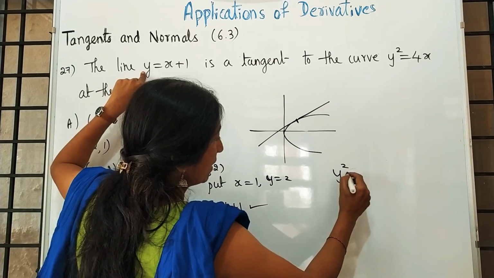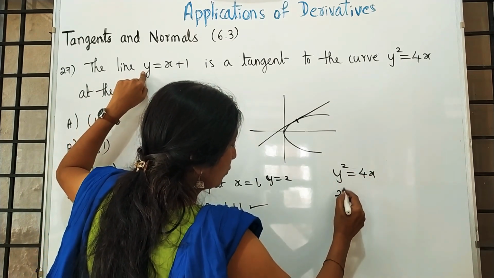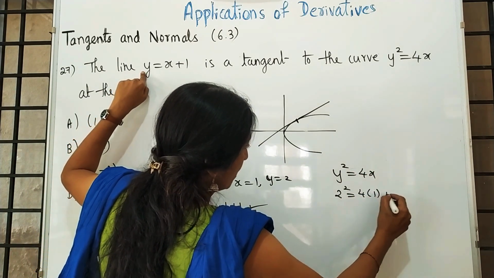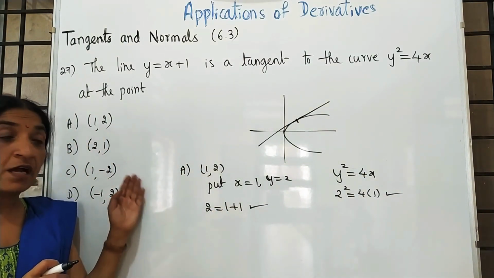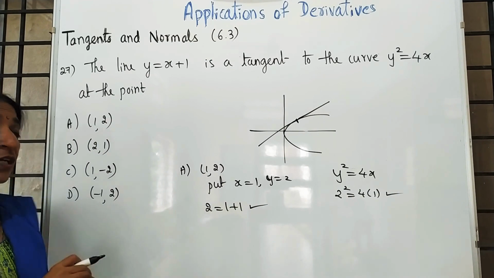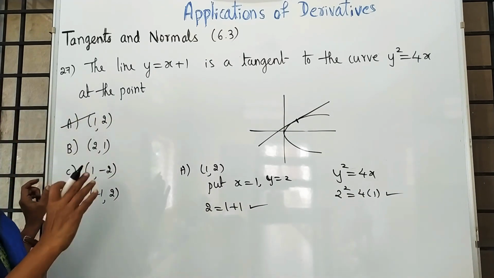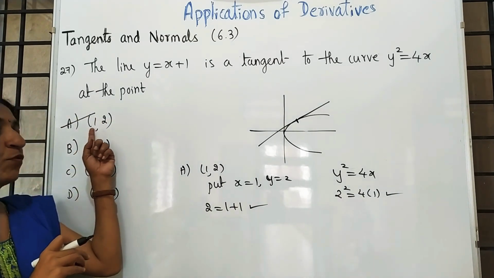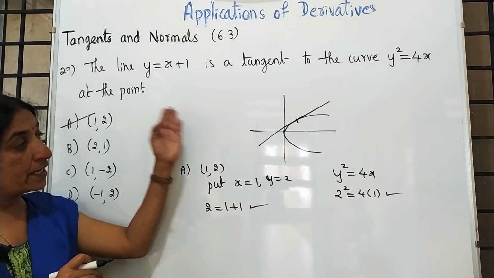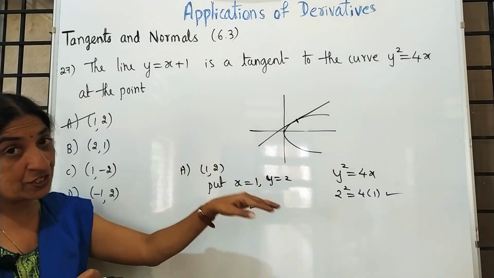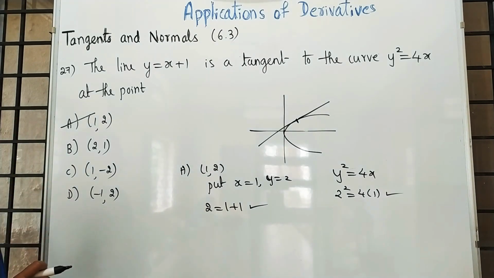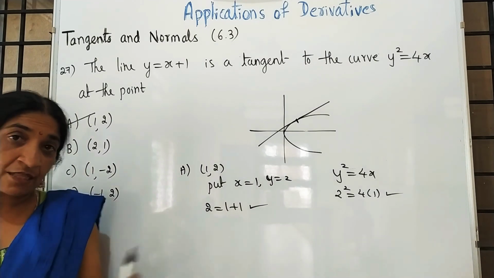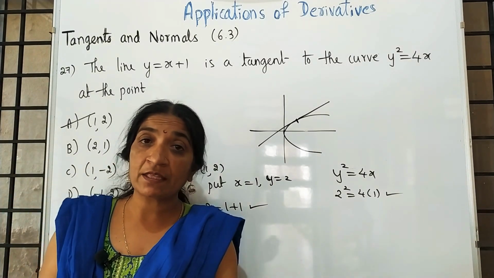And if you write it here, 2 square is equal to 4 into 1, that is also correct. Like that we have to check for all the points, and after checking you know that only the first point satisfies both the equations. That means the point 1 comma 2 lies both on the tangent and the curve. So like this we have to solve. Is it clear? Now moving to the next concept, that is maxima and minima in the next class.